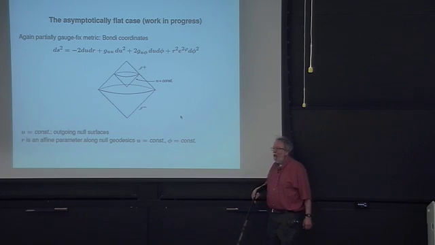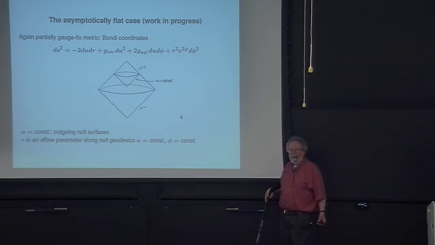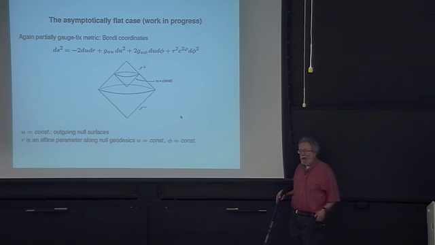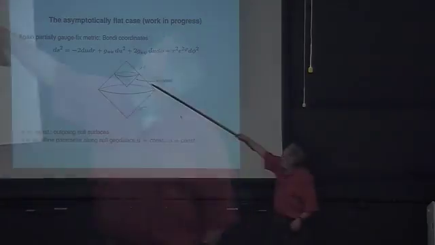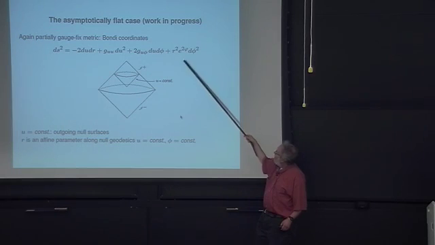And I'm going to, as an analog to the Fefferman-Graham coordinates that are used in the asymptotically anti-de Sitter case, use what these days are called Bondi coordinates, though I'm told that this is not actually quite the coordinate system that Bondi first used. So here is the metric in Bondi coordinates.